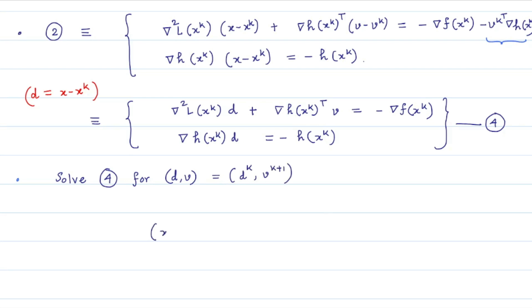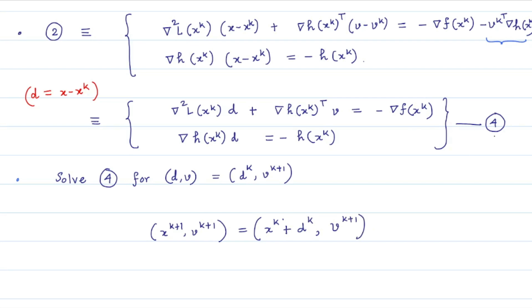Then the next iterative point (xk+1, vk+1) is given by the previous iterative point xk plus this dk, and vk+1, as you have found a solution to this equation 4.